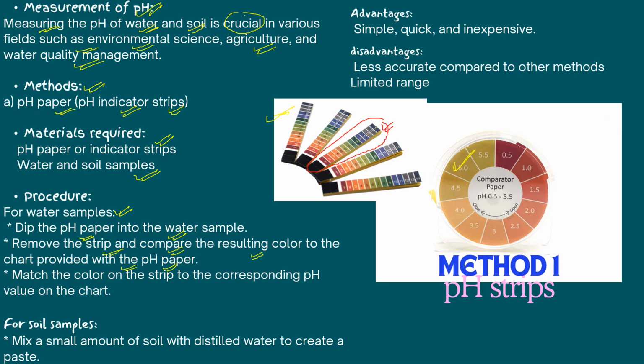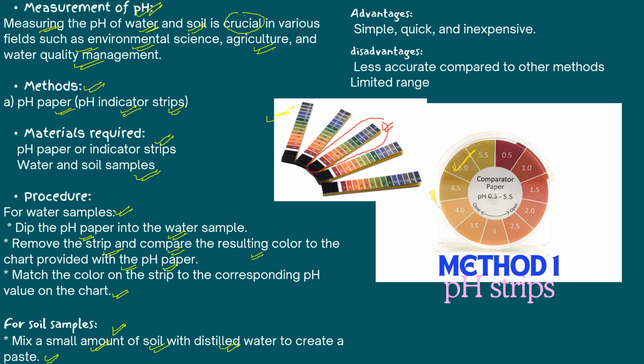So you just compare it with the strips that you are getting. Then match the color on the strip to the corresponding pH value on the chart and say this pH is this. This is very simple. Now for a soil sample, what we will do is mix a small amount of soil with distilled water to create a paste.